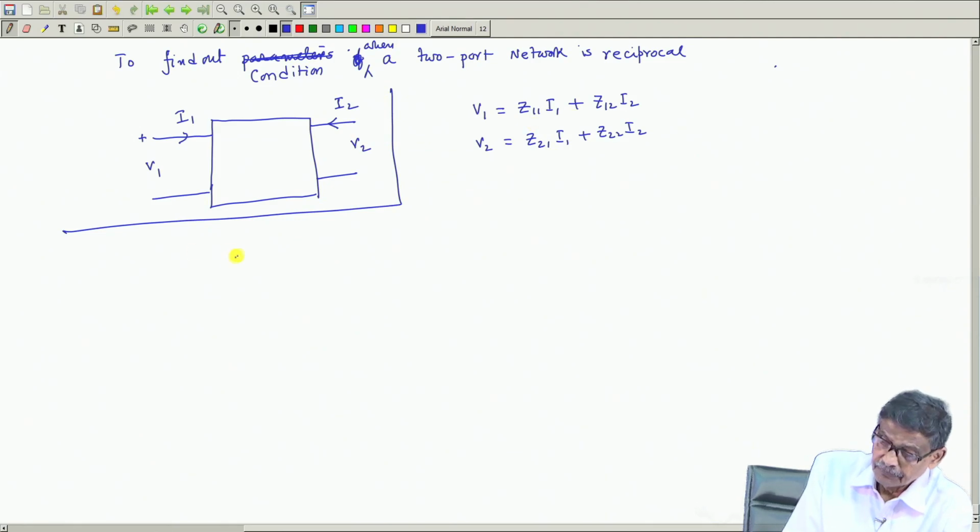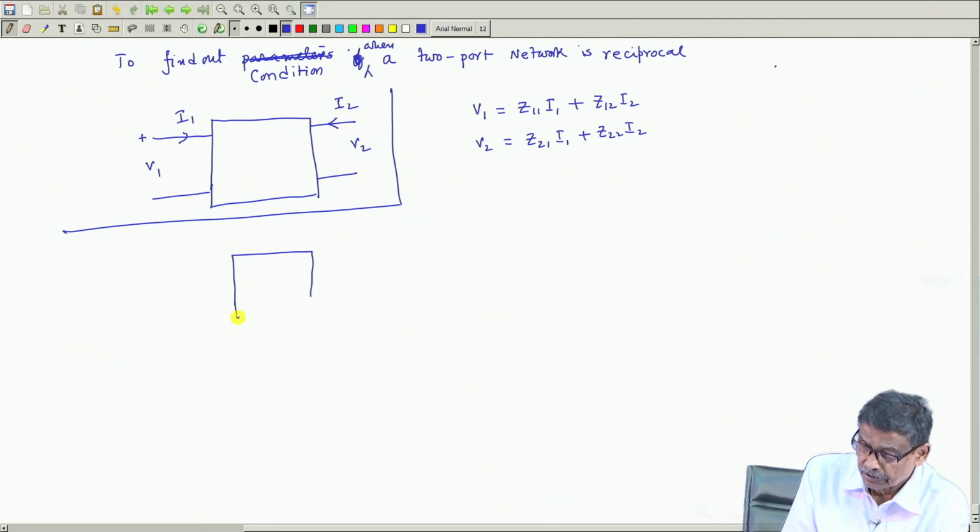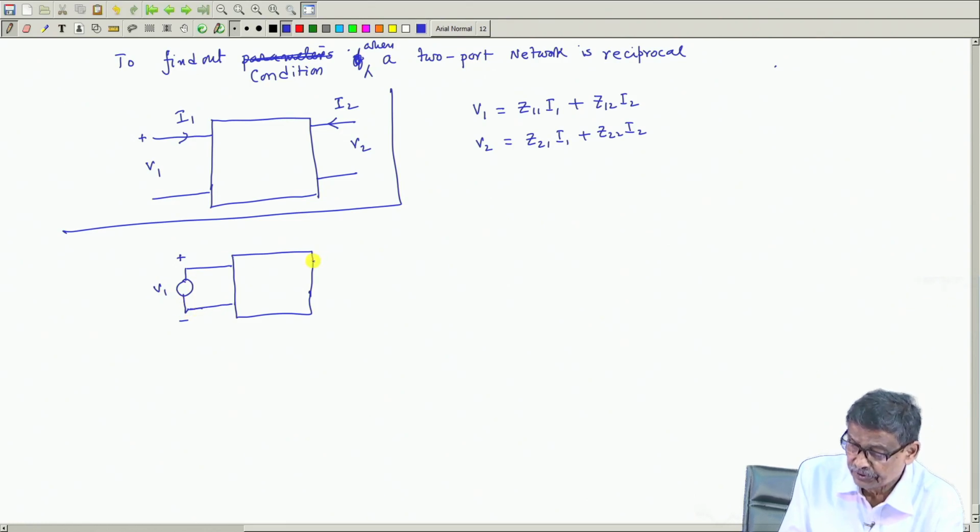Now, if this network is to be reciprocal, we excite the input port with a voltage V 1 and short circuit the output port, and record this current I 2 and this is I 1.